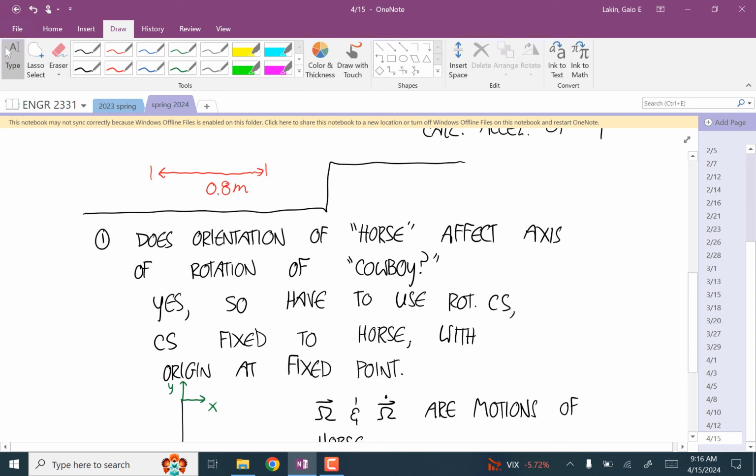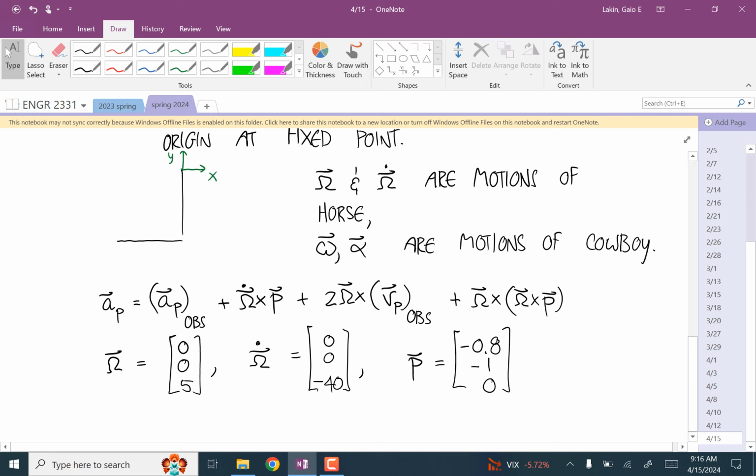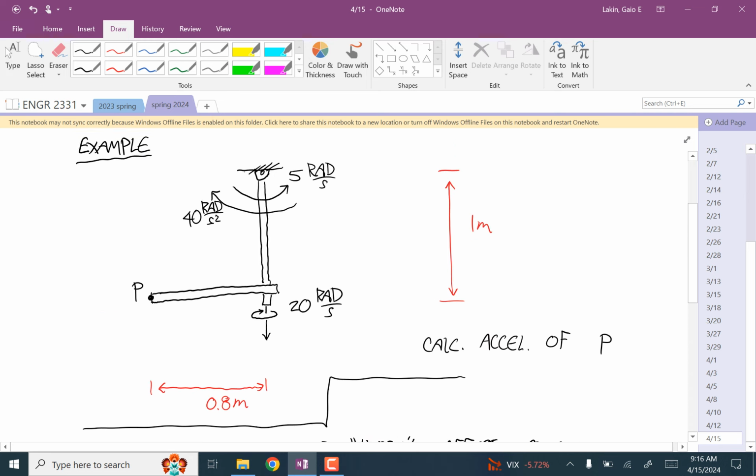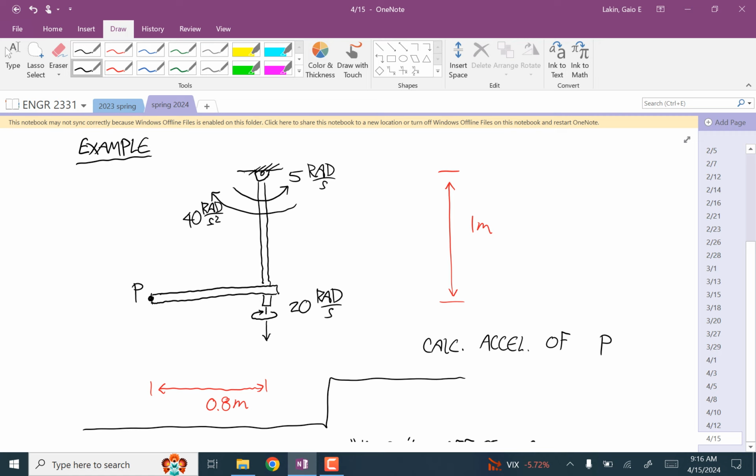Now we have to think about the observed motions. Okay. So what is the velocity of the point P in that coordinate system C? So notice, I think a nice way to always think about those observed motions is to think, okay, temporarily, we're going to pretend this isn't moving at all.